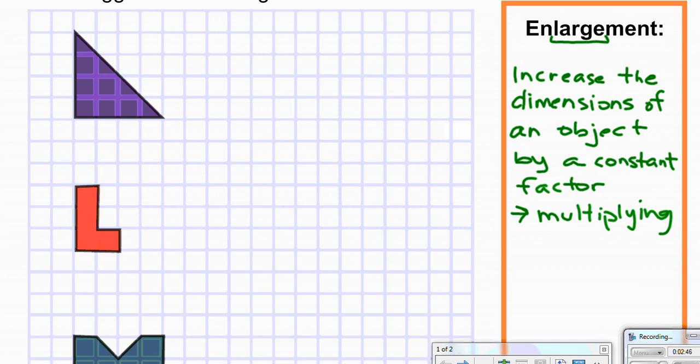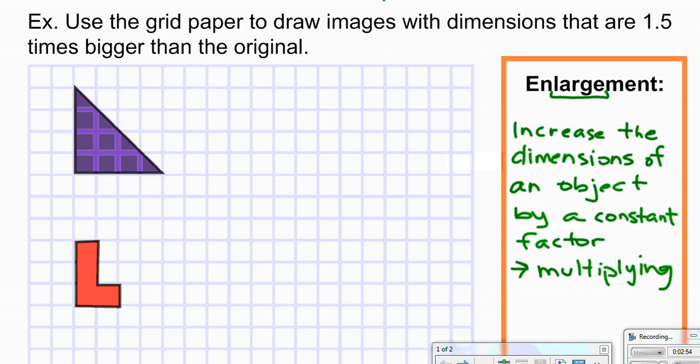Okay, so first one we're going to look at is a triangle, and this question is actually asking you to use a scale factor or an enlargement factor of 1.5. Okay, 1.5 times bigger. So that's your hint of what your scale is or how much you need to multiply by. So we're going to multiply each measurement by 1.5.